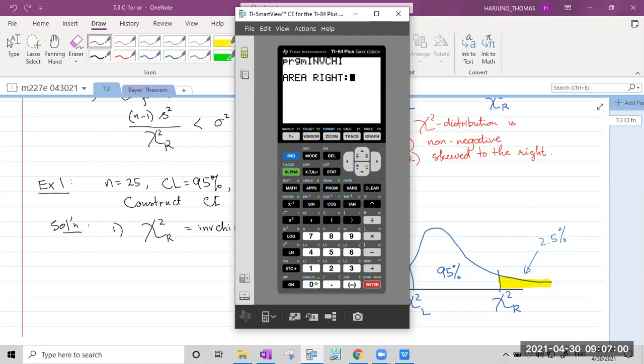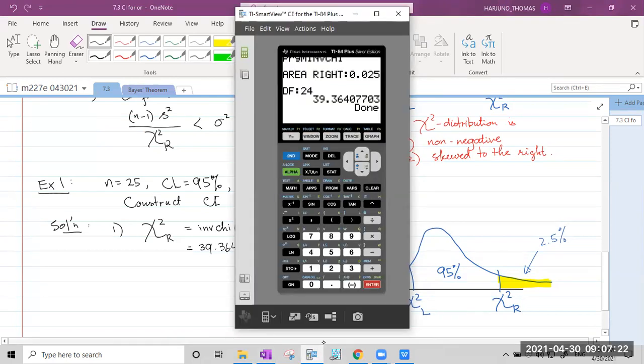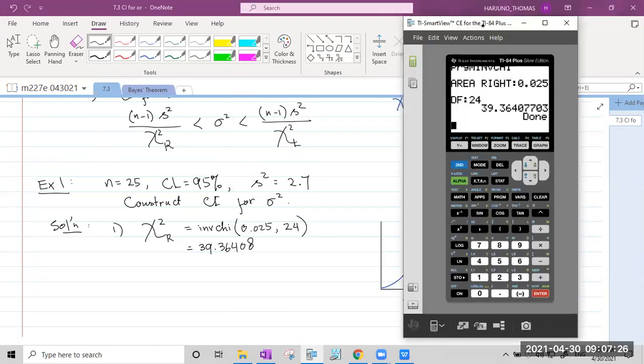Okay, now I go back to this. So the area to the right is 0.025. Degree of freedom is 24. Boom. It's 39.364.08. Okay.